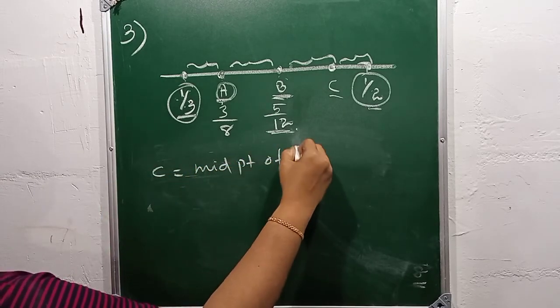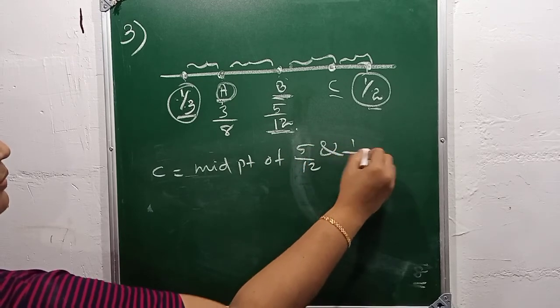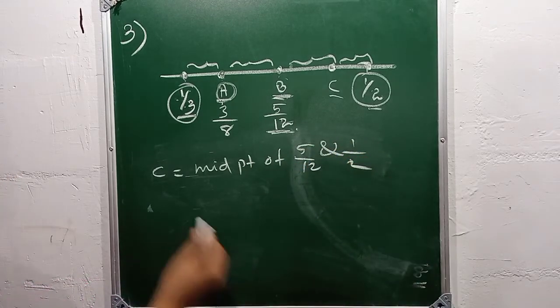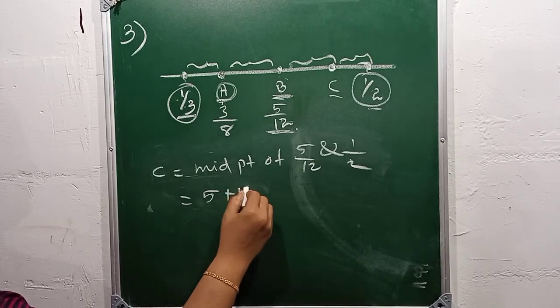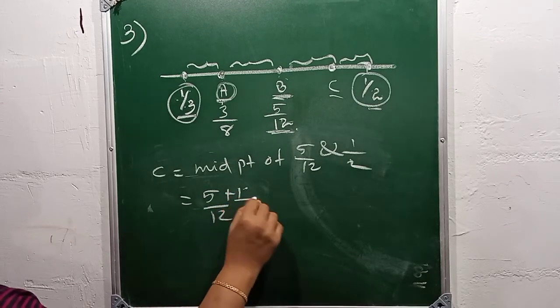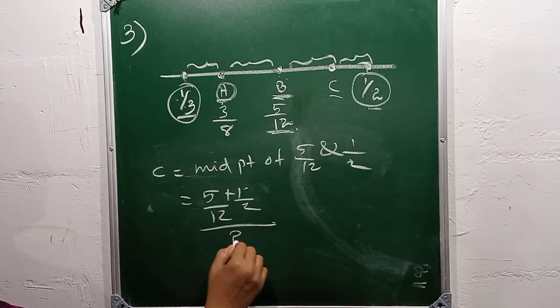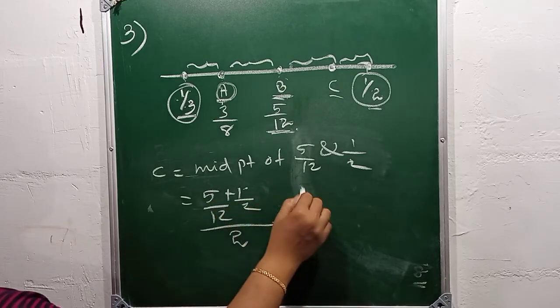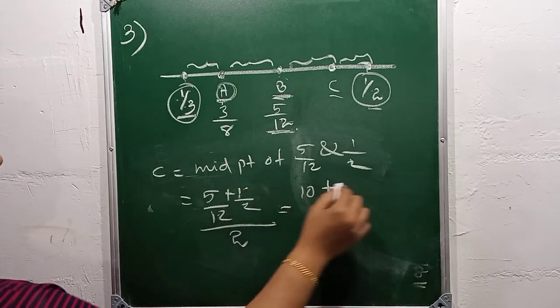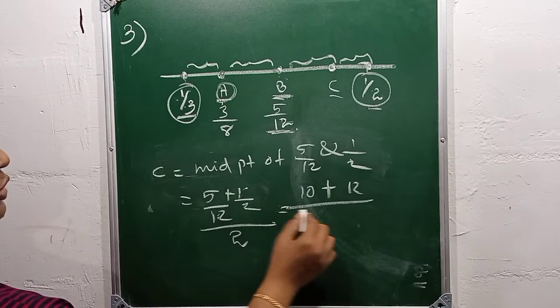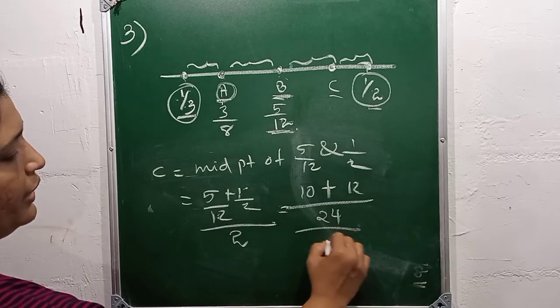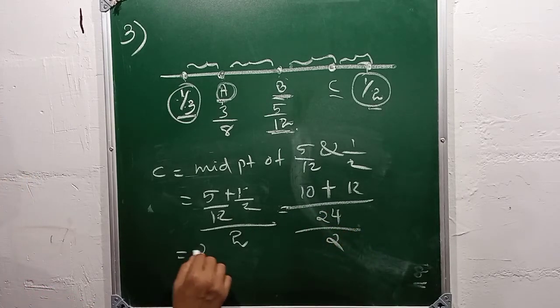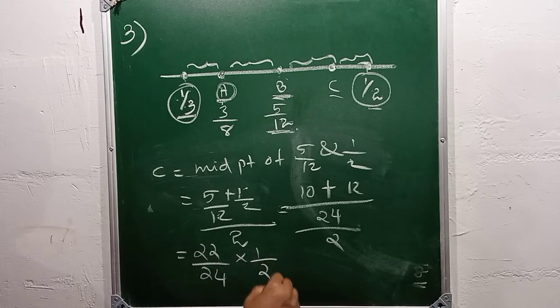That is equal to 5 by 12 plus 1 by 2, divided by 2. That is 5 into 1 plus 12 into 1, by 12 into 2 is 24, divided by 2. That is equal to 22 by 24 into 1 by 2.